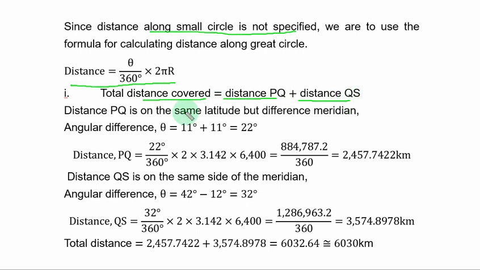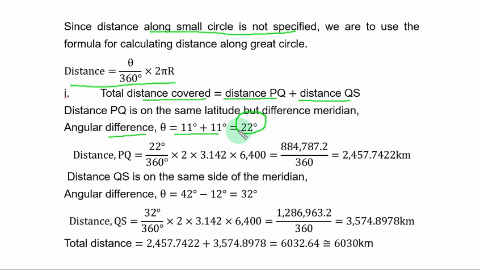Distance PQ is on the same latitude but different meridians, and as such the angular difference becomes 11 degrees plus 11 degrees, and that is 22 degrees.